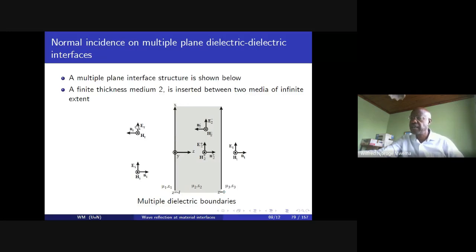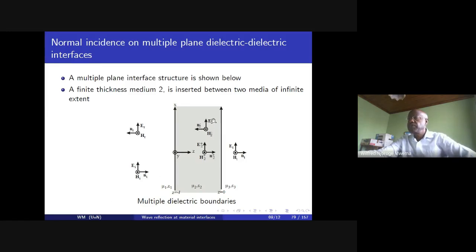And therefore ER and EI are not simply related as we saw before for the other case of only one interface. And therefore these two will have a complex kind of relationship with the incident wave itself. Okay, so we have represented them in the following form.